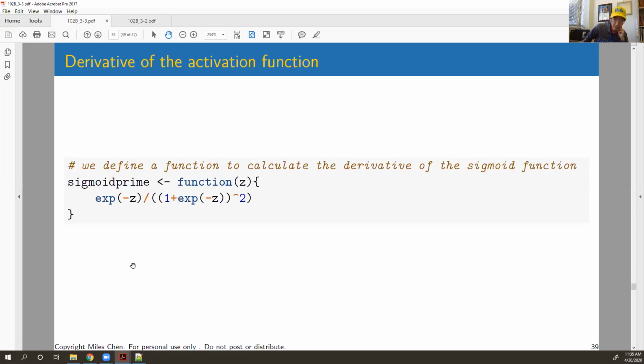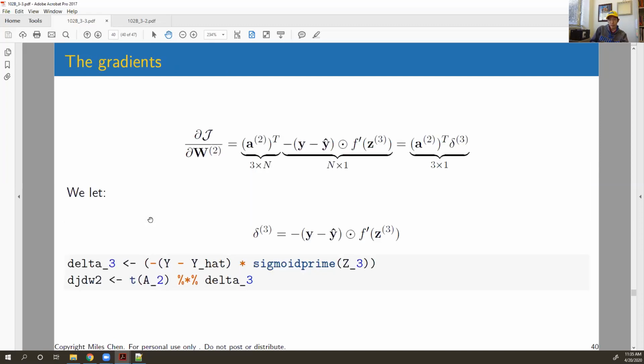Okay, so now we want to find the gradients. To find the gradients, it involves things like f prime, sigmoid prime, the derivative of the sigmoid function. The first gradient that we calculated was dJ/dW2, the derivative of the loss function J with respect to the W2 matrix. That gave me A2 transpose times delta 3, where delta 3 is y minus y hat, element-wise multiplied by f prime of z3. That's exactly what I code here.